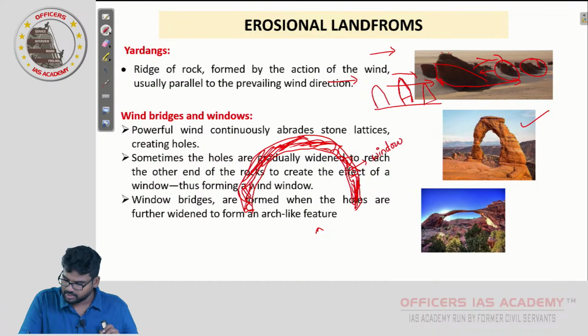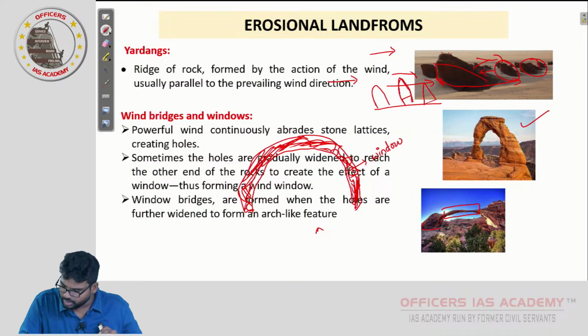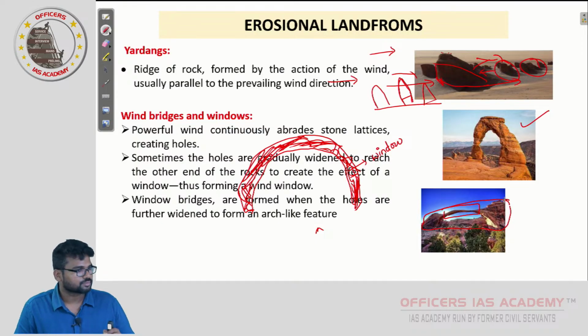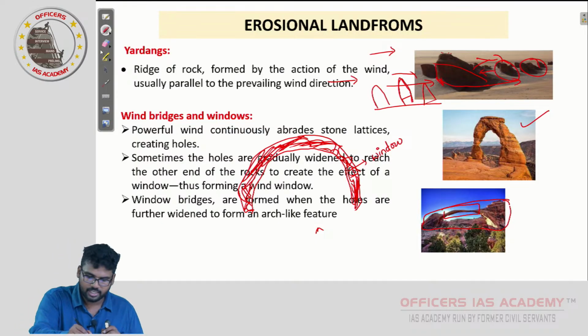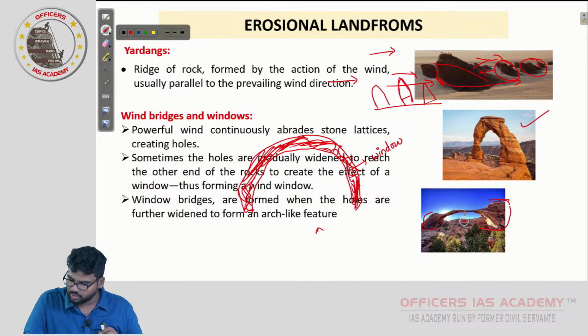Actually, if you look at it, it appears like there is a bridge connecting them, but in reality, at one point of time this entire thing used to be one rock. Slowly it created a window somewhere here, and the window became bigger and bigger and removed all this material, leaving only that bridge portion.